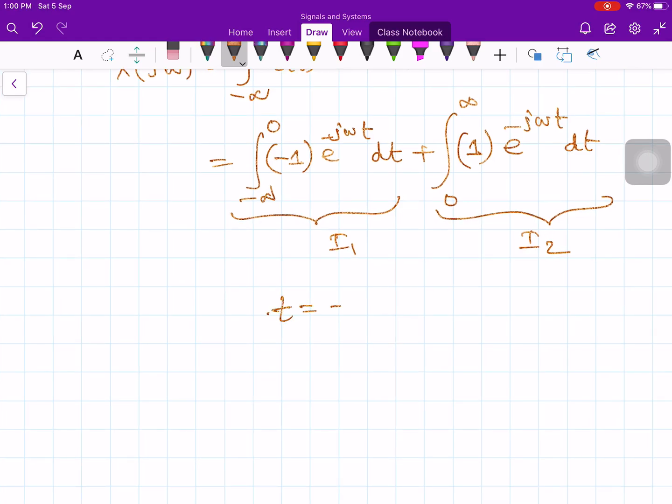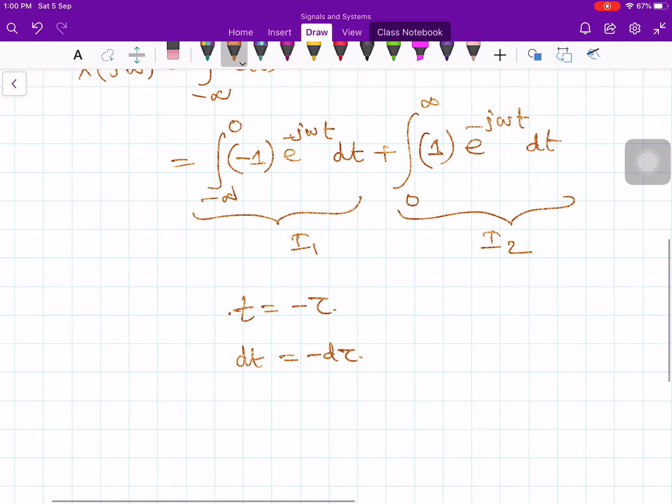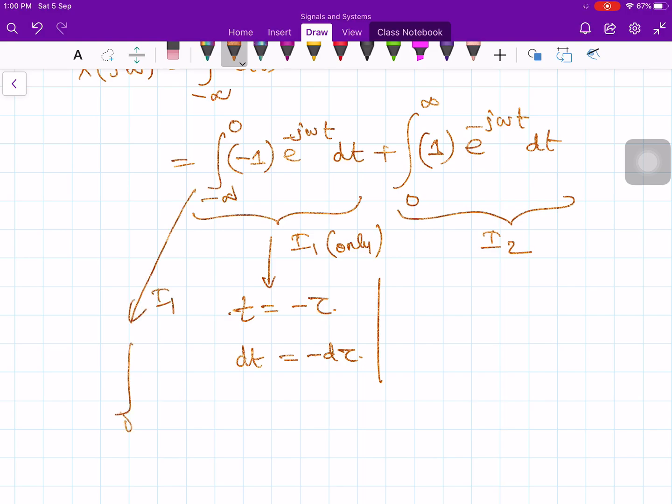So for that, what I am going to do is put t equals minus tau, therefore dt is equal to minus d tau. I am going to do the substitution in the first integral, and I am not going to disturb the second integration. So consider only I1, because I want to write I1 in terms of 0 to infinity so that I can combine the first integration with the second integration.